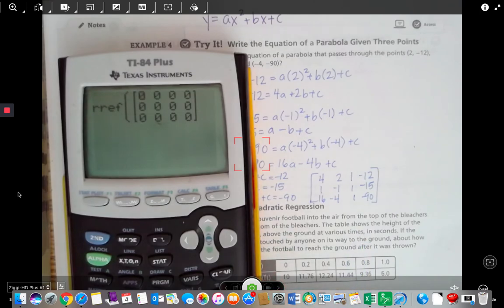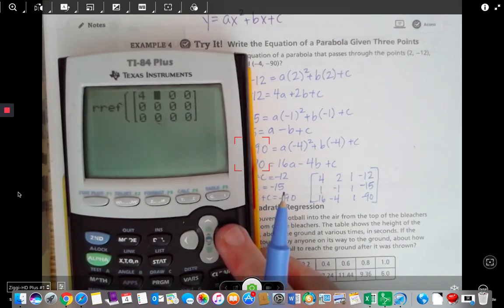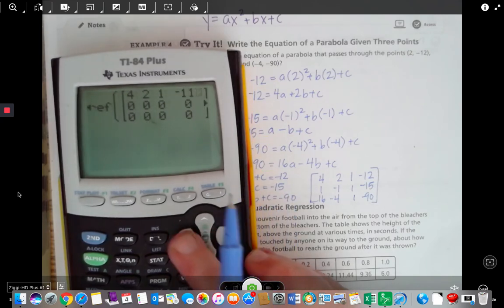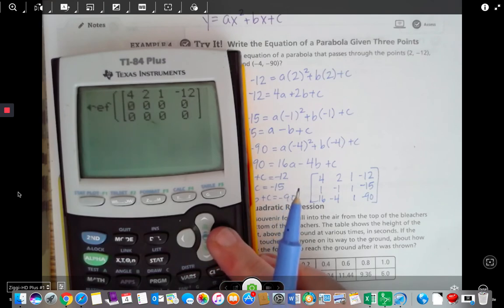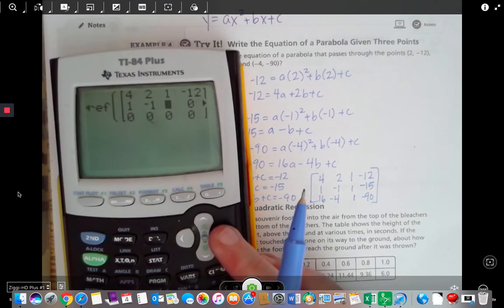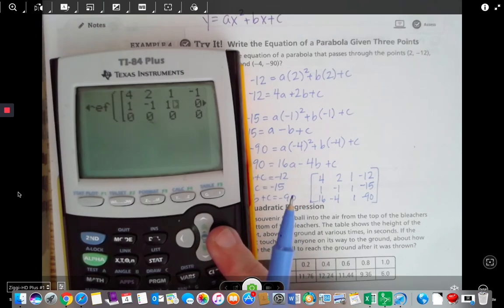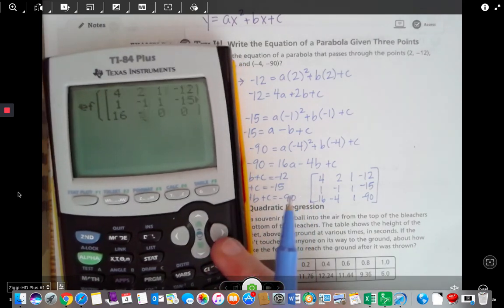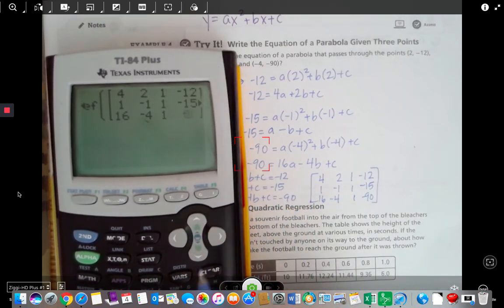And I just plug in my numbers. 4, 2, 1, negative 12, 1, negative 1, 1, negative 15, 16, negative 4, 1, negative 90.